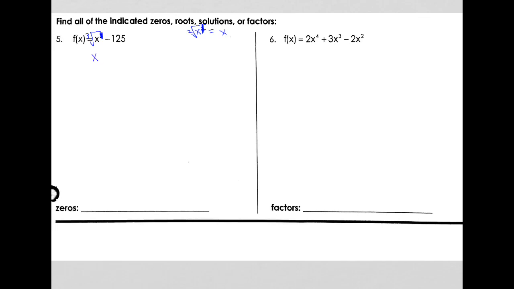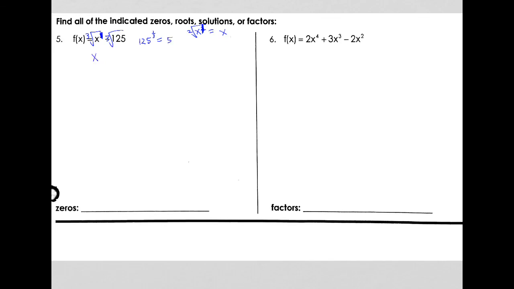All right, and then same thing here. Can you take the cubed root of 125, or the same thing is 125 to the 1/3 power? What is that equal to? That's equal to 5. Okay, and so I might as well point this out.